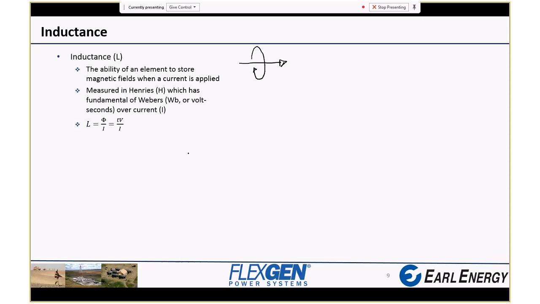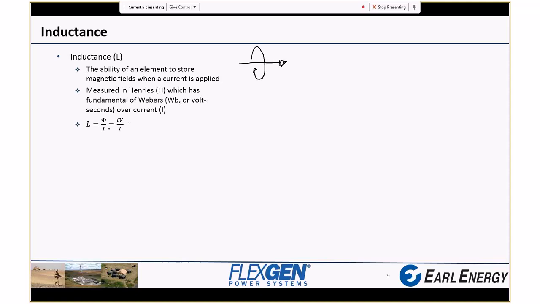Let me follow my script a little better here. So inductance is measured in henries. The fundamental units are, this Weber is a little hard to explain. Fundamentally, inductance is a flux over a magnetic path length. I'll get into magnetic path length and flux.